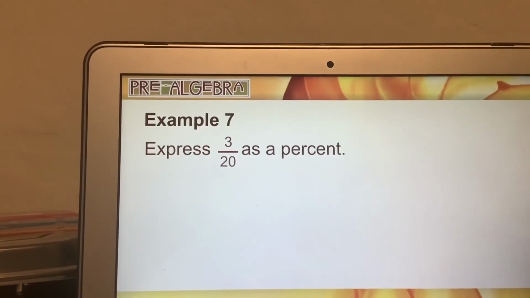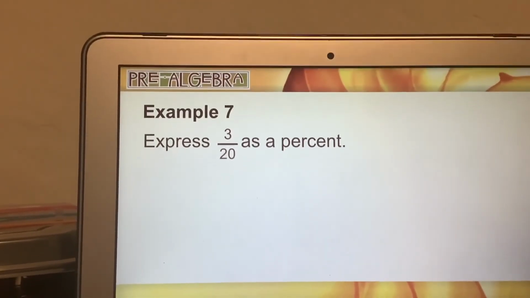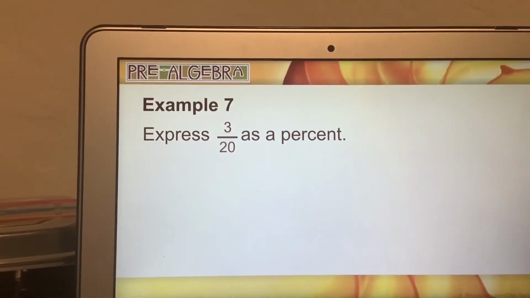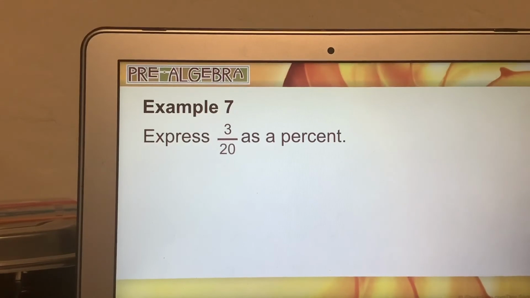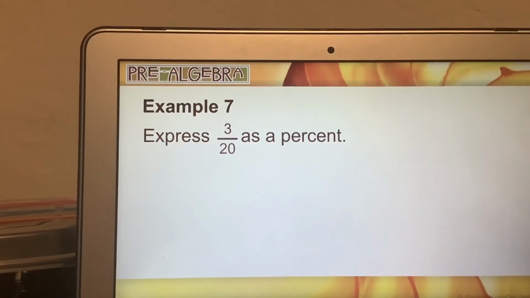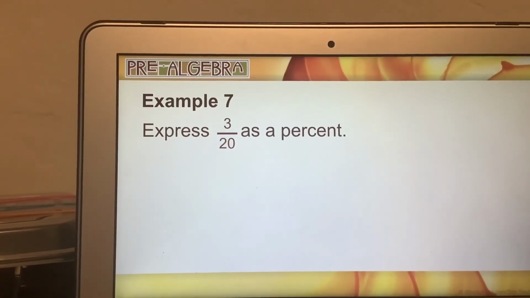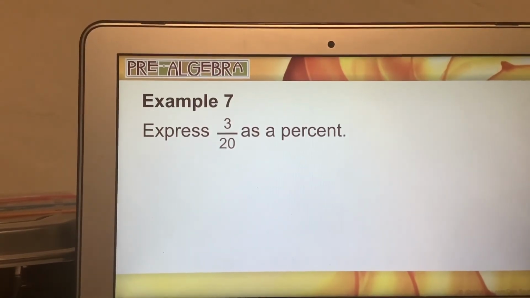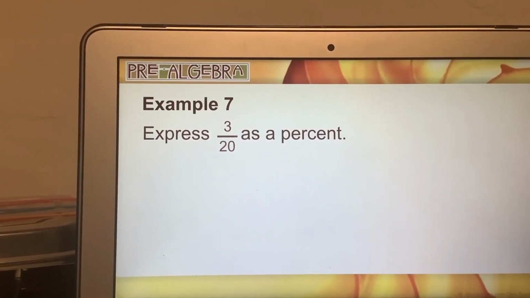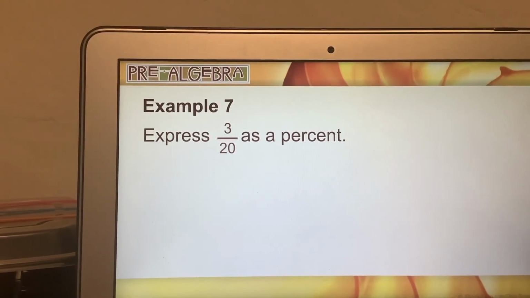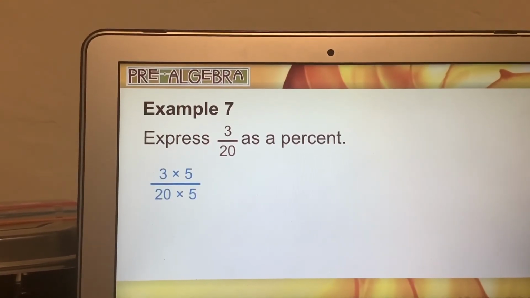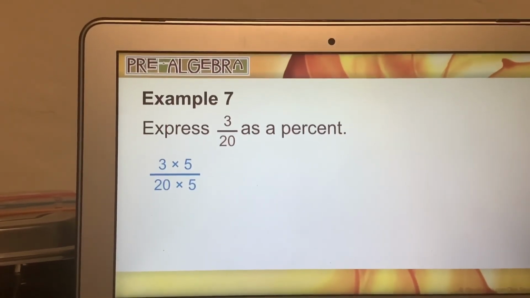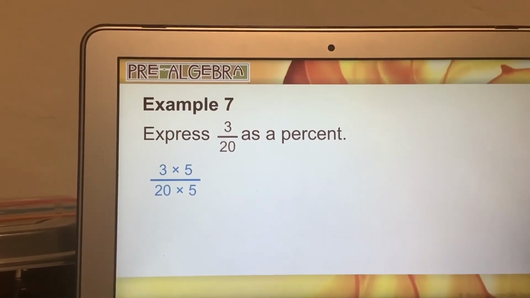All right, now let's take another example here. 3/20, this fraction, and I want to convert this into a percent. I can actually just multiply to make a fraction over 100. So 20 times 5 is going to give me 100.